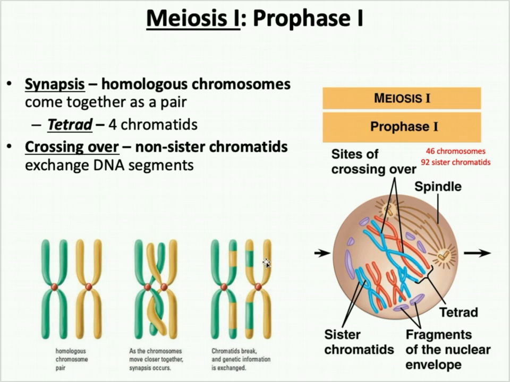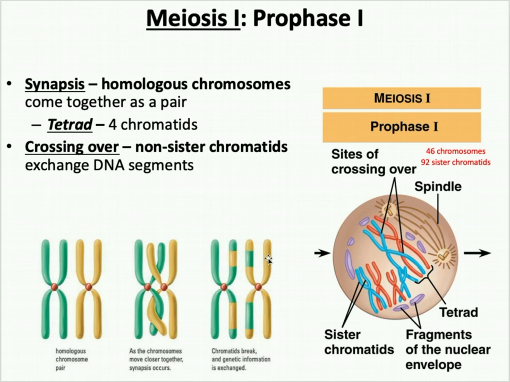So these sister chromatids will separate, these sister chromatids will separate, and if you can imagine, that means that all of these haploid cells will have different DNA. That's why in meiosis, you form 4 genetically different haploid cells.